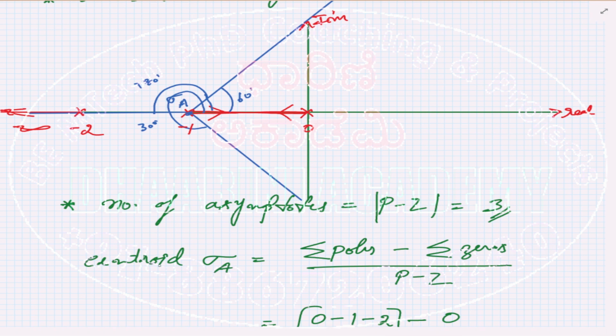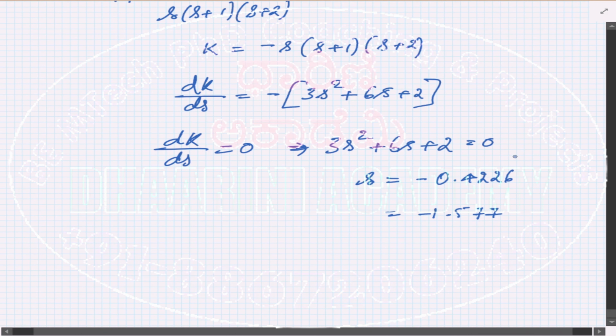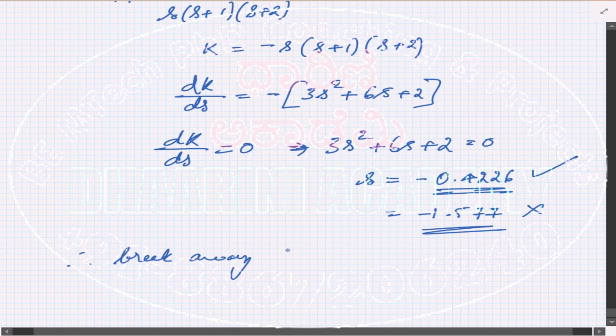So that means the first one, that is minus 0.42, right? So select this, you neglect the other. Therefore the breakaway point is equal to minus 0.42. Okay, that's absolutely fine.